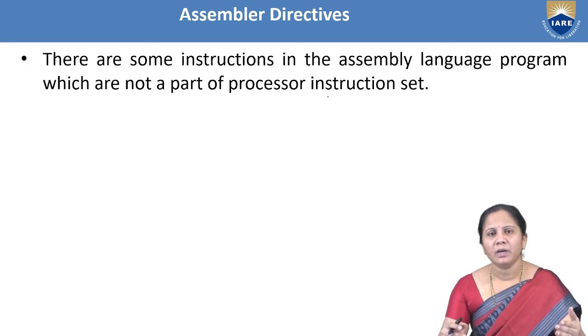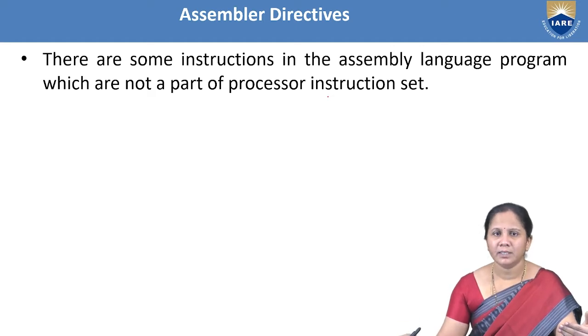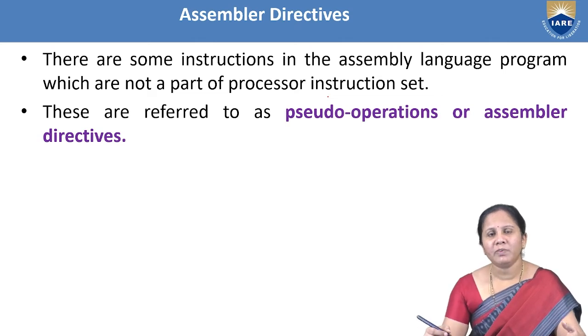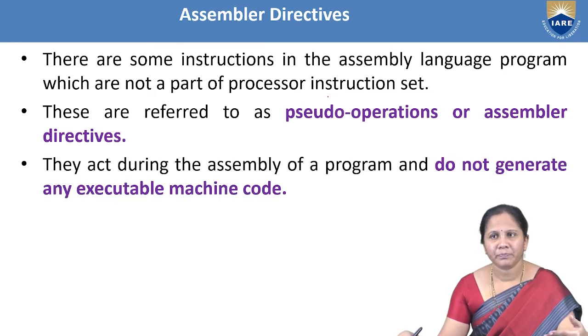The instructions we studied in the instruction set of the 8086 microprocessor are different. Now we are learning new special instructions which come under assembler directives. Another name for assembler directives is pseudo operations.